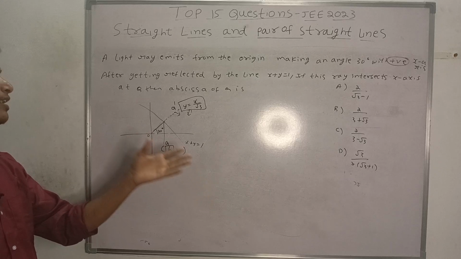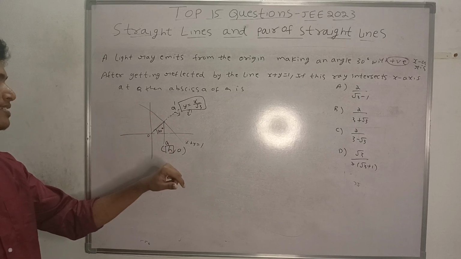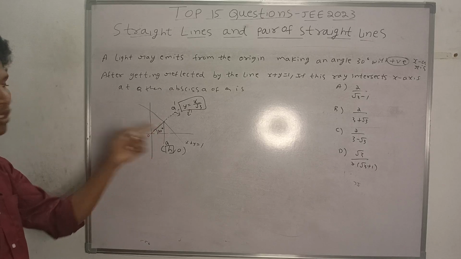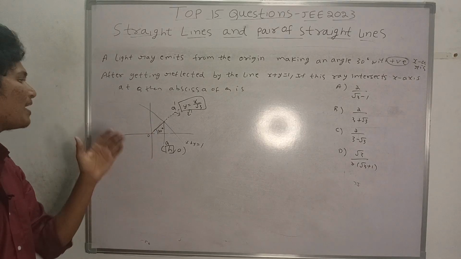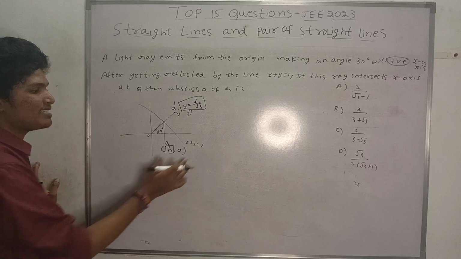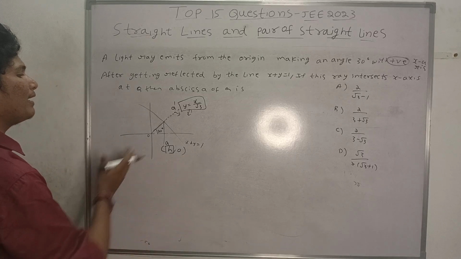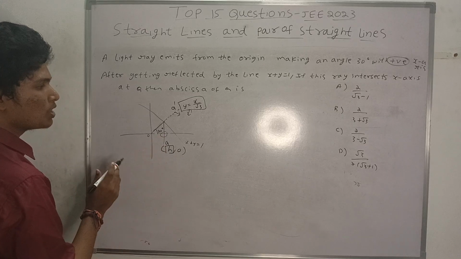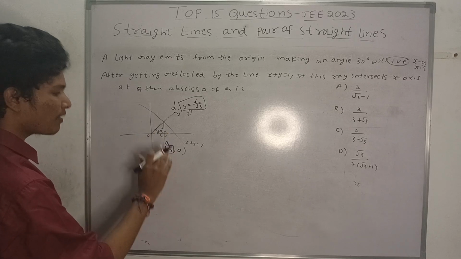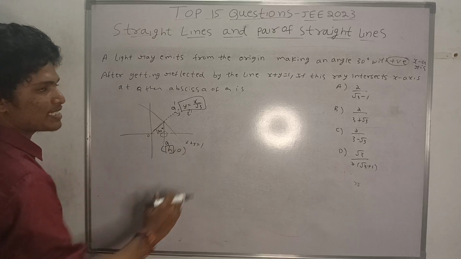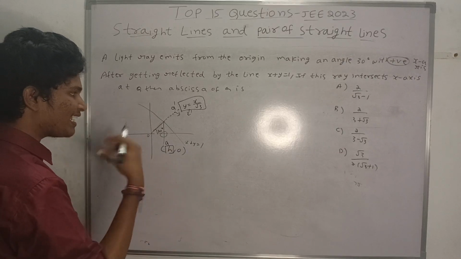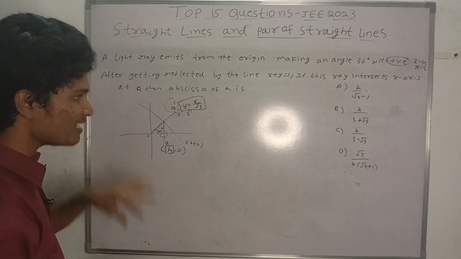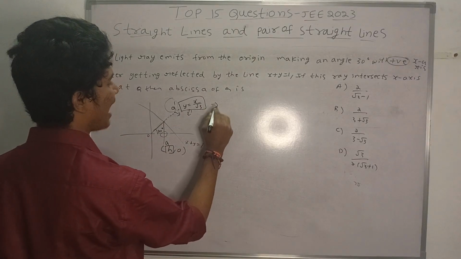If this line is not present, it should go like this and it is not reflected, but when we keep this line, that is x plus y equal to 1, the light ray will reflect and it will meet the x-axis at the point Q. So when we take the image of the point Q from this line x plus y equal to 1, the Q dash will lie on this line. So from this we can get the required abscissa.